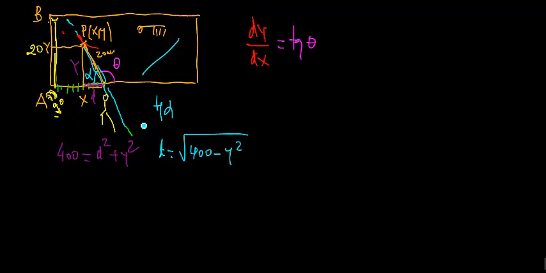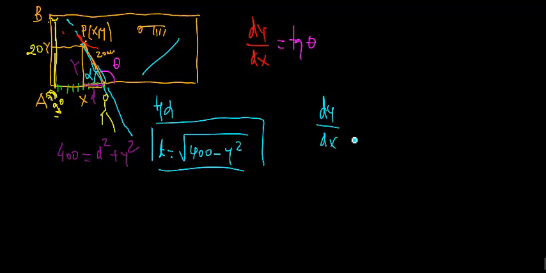Okay, that's good. So far so good, but one question. This is not the slope of the line. The slope of the line is the same number, but with the minus sign. So dy/dx equals minus the tangent of alpha.